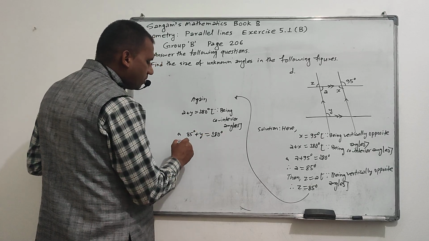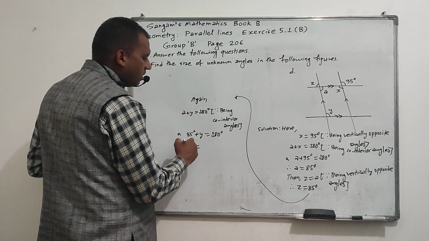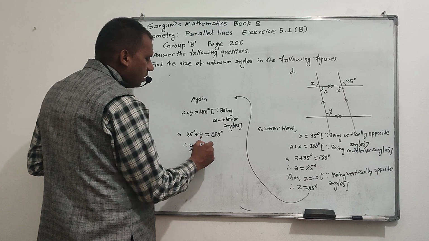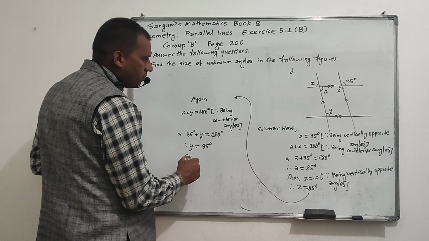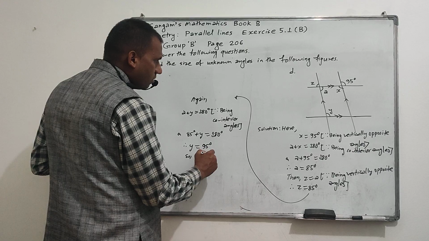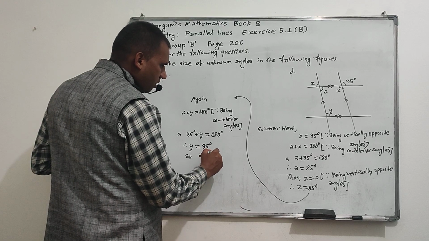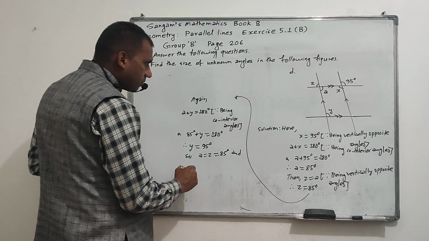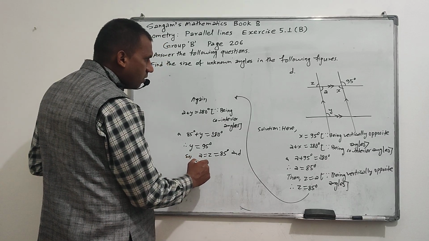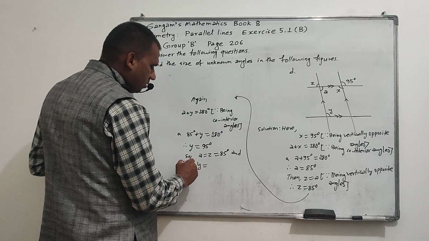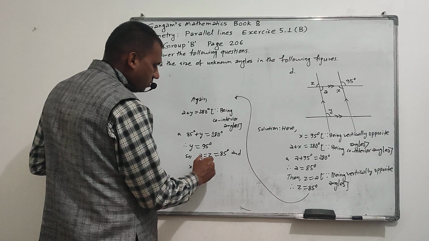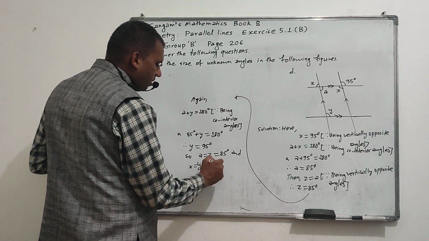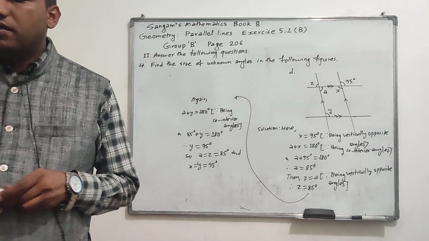Therefore y equal to 180 minus 85, that is 95 degree. So a equal to z equal to 85 degree, and y equal to x equal to 95 degree. This is the answer.